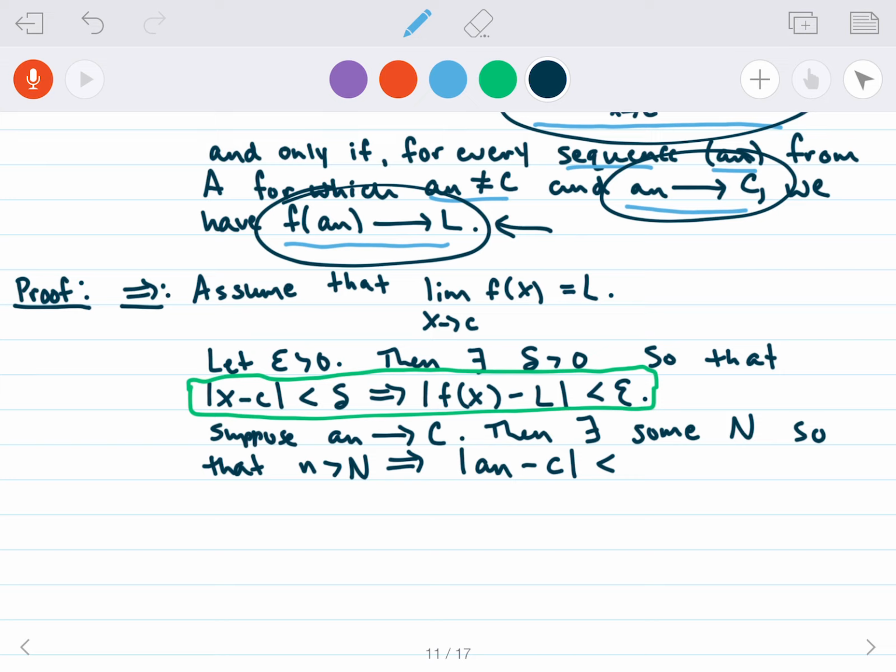So in order for the proof to work, we want to choose this to be less than delta, right? Because delta is a positive number bigger than 0. So we're using this in replacement of our epsilon. Okay, so by the green portion above, what does this imply?